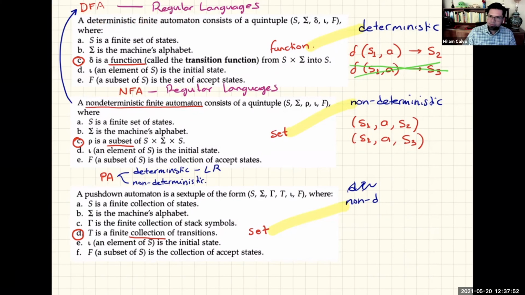And then you can say that a pushdown automaton, you cannot always convert into a deterministic automaton, and therefore the languages they recognize, which are context-free languages, are inherently non-deterministic.